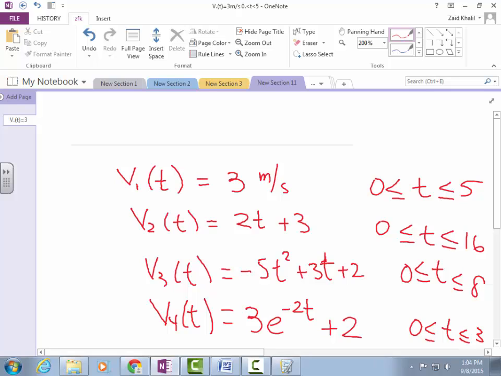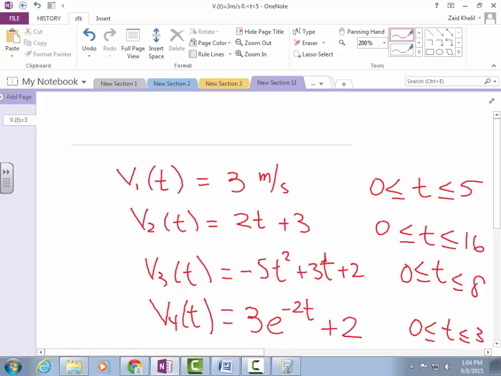Now the question I have is, are these all continuous in that time interval? Let's say, are they continuous at 1 second? Are there any gaps when you go to graph these? Yes or no? Between 0 and 2 seconds. No, there are no gaps.